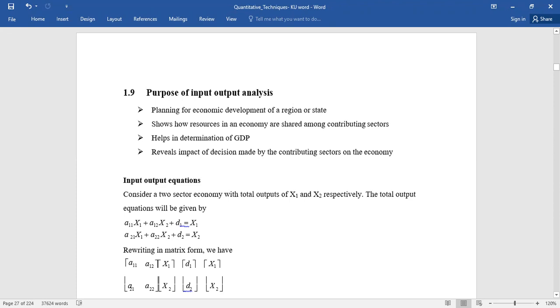Then this helps in the determination of the gross domestic product. And also we are able to evaluate the impact of the decisions that are made, all while contributing to that national income, or the national cake.